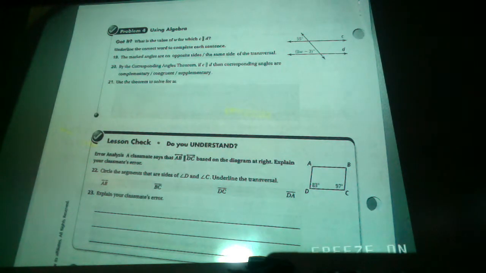Once you get an answer, I want you to compare that with somebody around you. All of the answers, 19, 20, and 21. So talk.